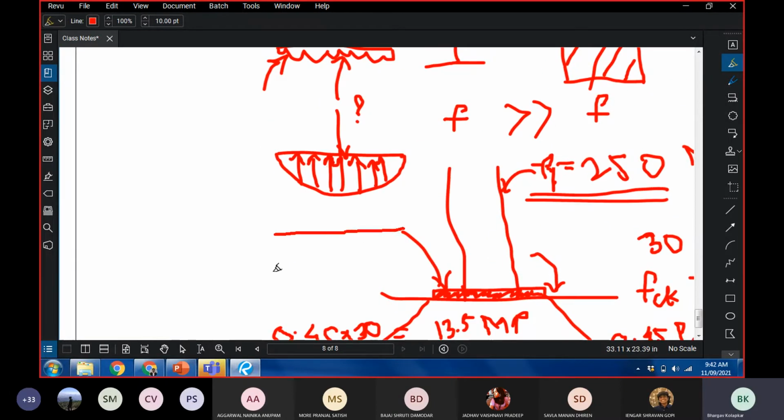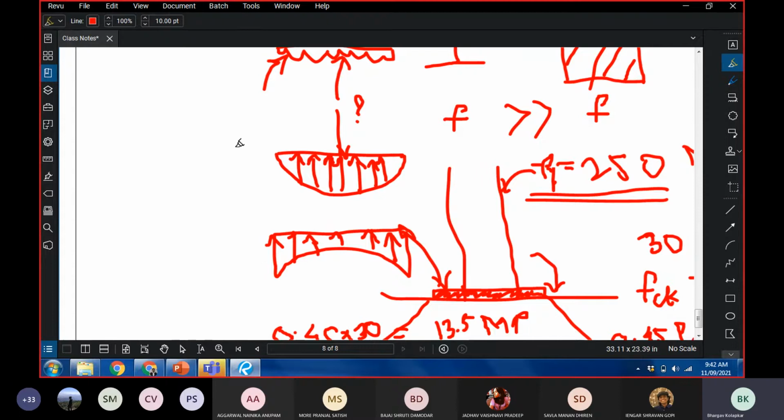Or in a different type of soil, you might even experience pressure that is something like this. So the maximum pressure occurs along the periphery of the footing, and the minimum pressure is concentrically below the column. Now we are not going to get into which type of soil behaves in which way. This is really not the point of discussion.